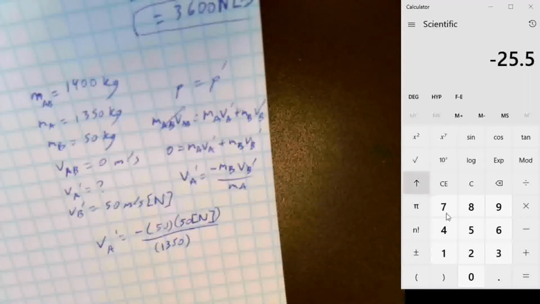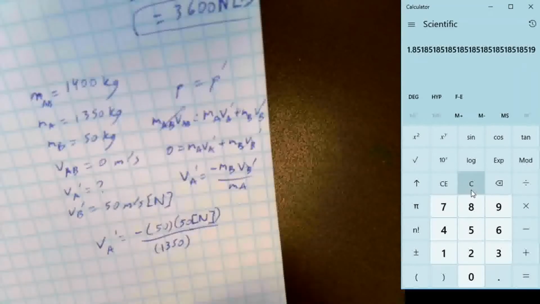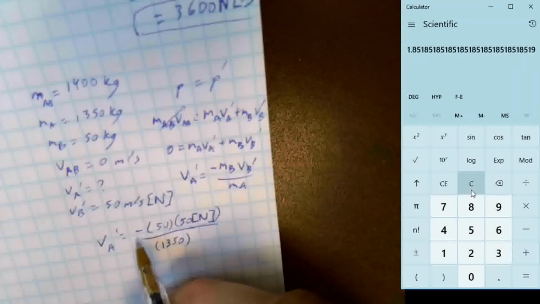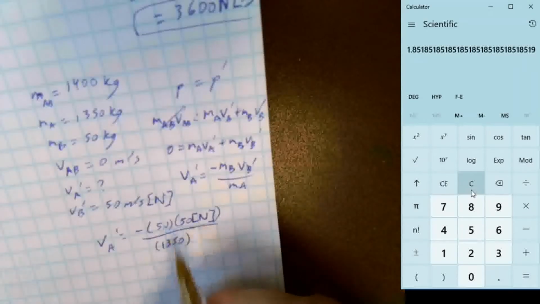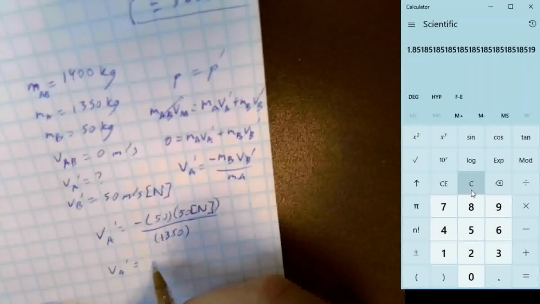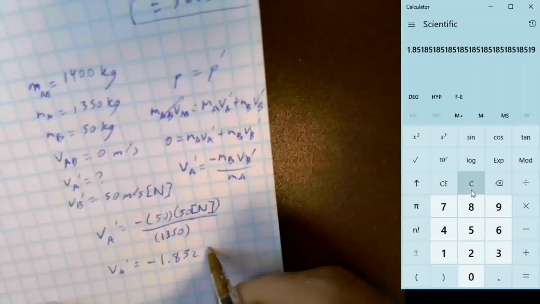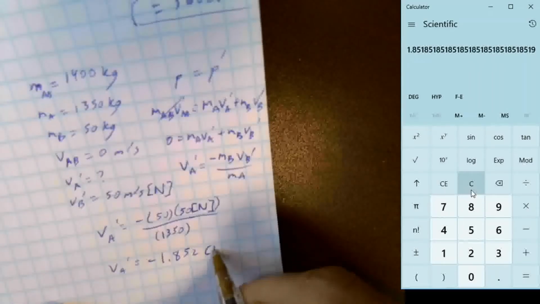So I end up with 50 times 50 divided by 1350. I have 1.8. That's going to be negative. But, so let me write this down. VA prime equals negative 1.852, and that's going to be going to the north direction.